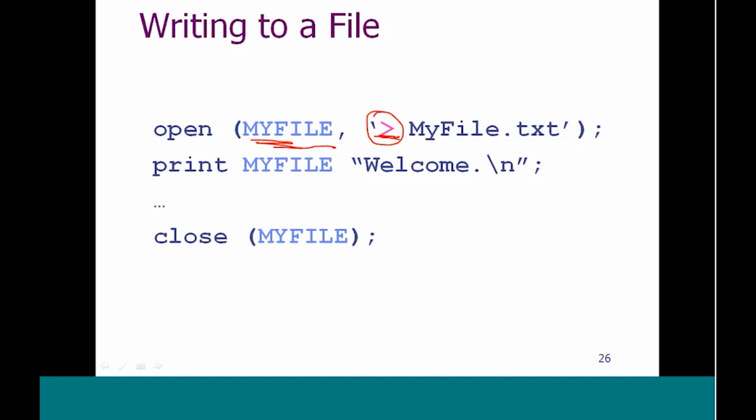Whenever we want to write something to the file, we also add the file handle to the command. If you do just print and then welcome, that does not print it into the file, but if you do print with this file handle myfile and then welcome, now this welcome will go into this file.